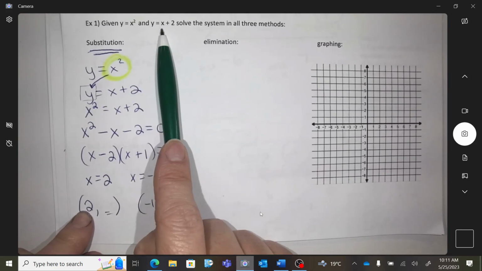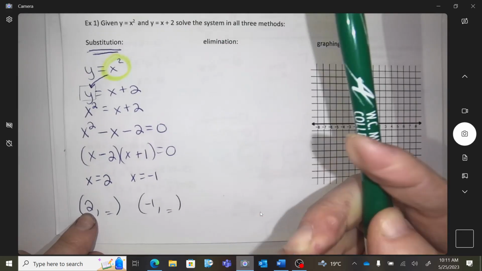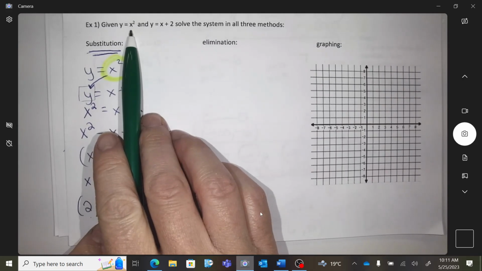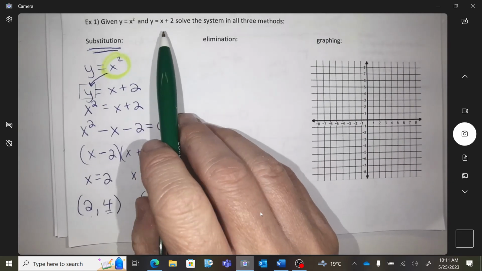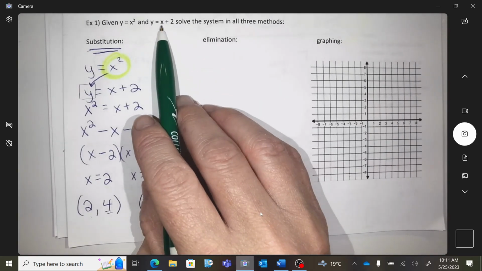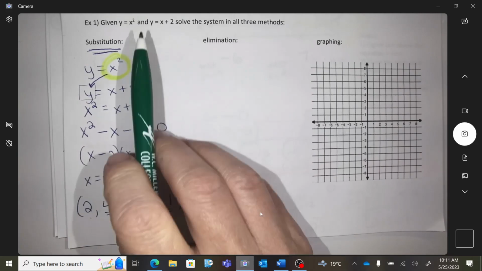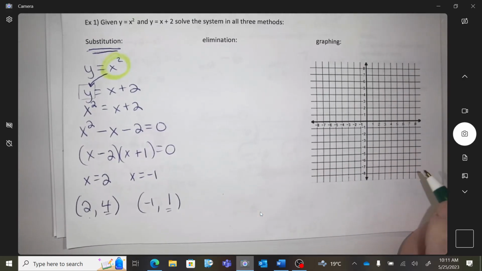This one? So what is 2 plus 2? 4. Or if you plugged it in here, what's 2 squared? 4. Doesn't matter, right? What is negative 1 when you plug it in? Negative 1 plus 2 is 1. Or you could have done this, negative 1 squared, 1.